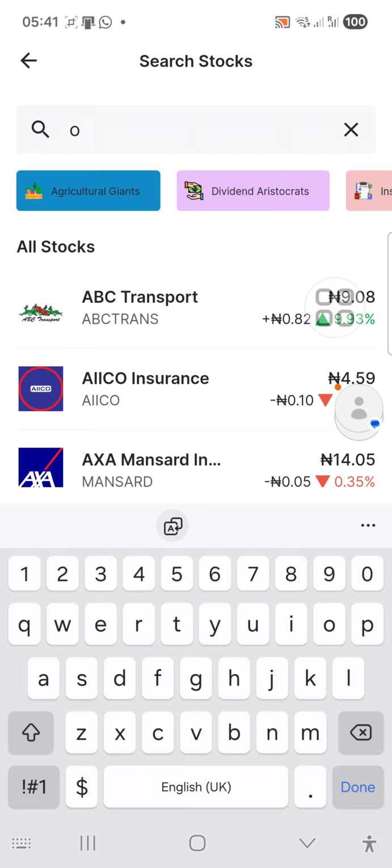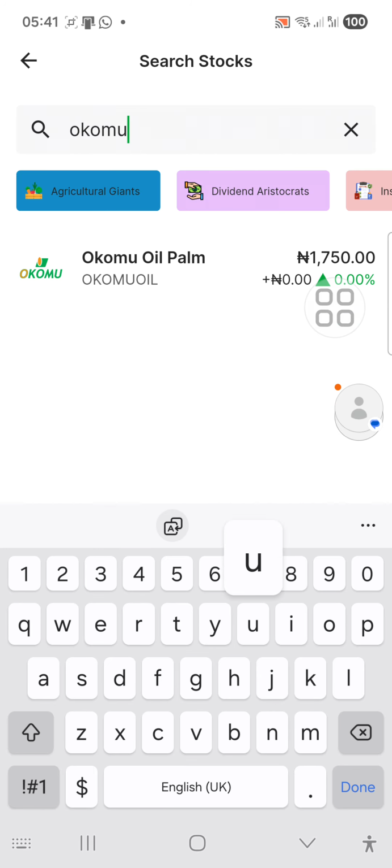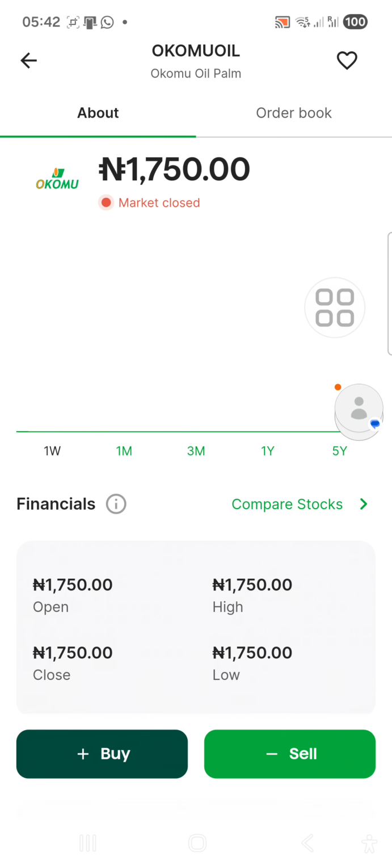You type in Okomu and then it brings it up. You click on Okomu and then, as you can see, the current market price of Okomu is 1,750.